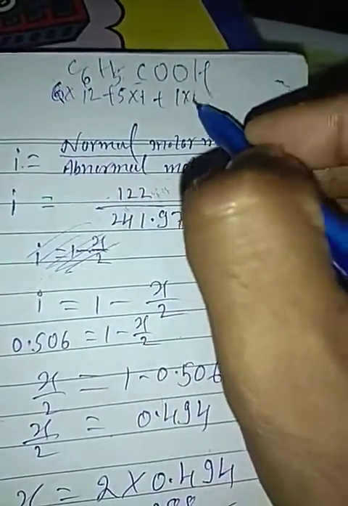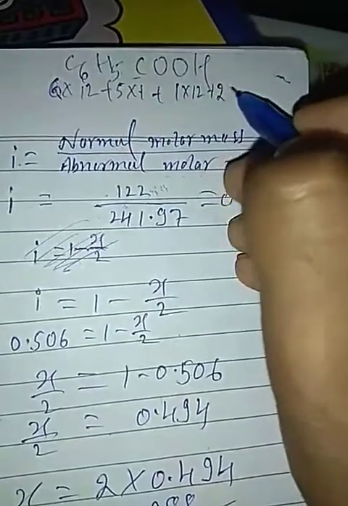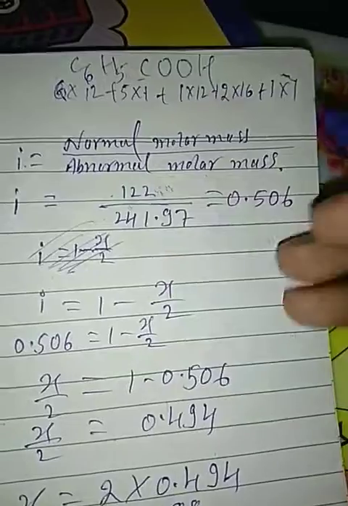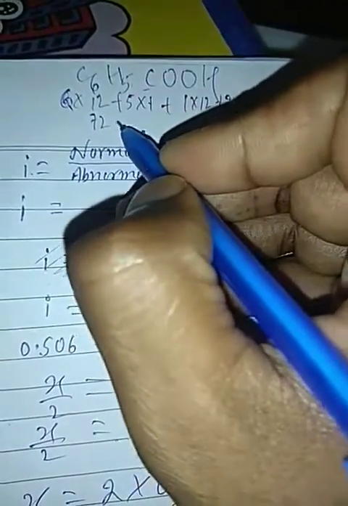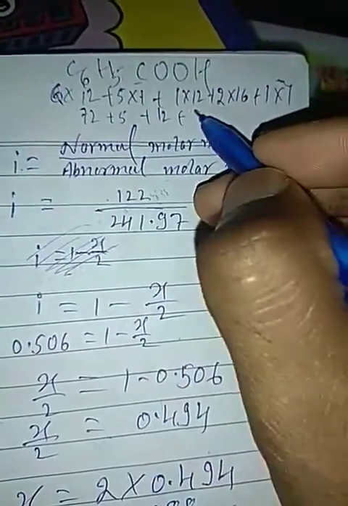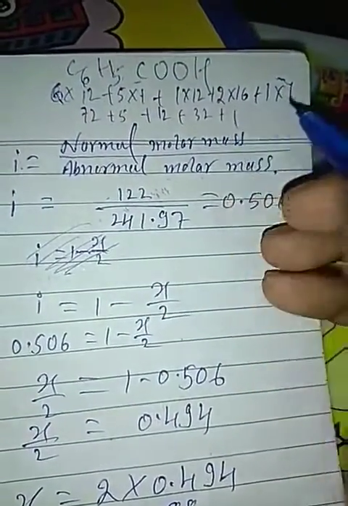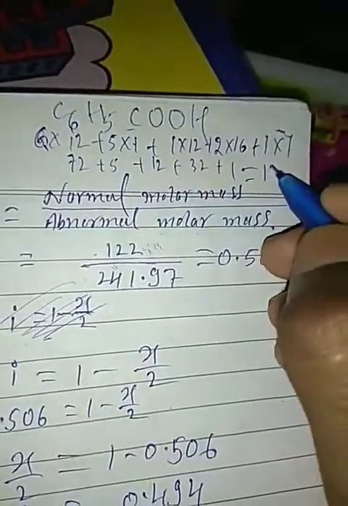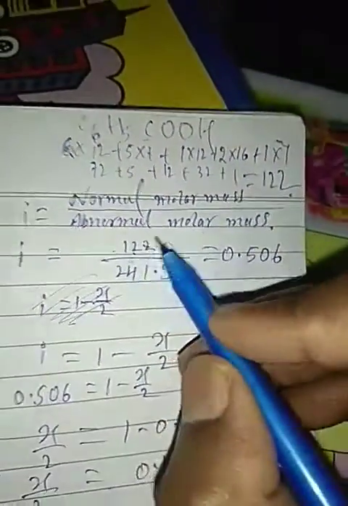Again 1 carbon, atomic mass 12. 2 oxygen, atomic mass 16, and 1 hydrogen, atomic mass 1. So 72 plus 5 plus 12 plus 32 plus 1. How much is it, students? Our answer is 122. So that is the normal molar mass.